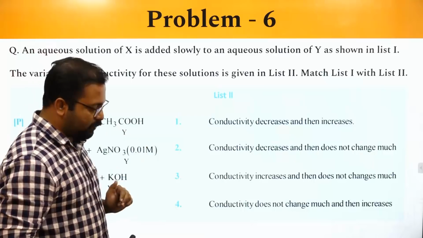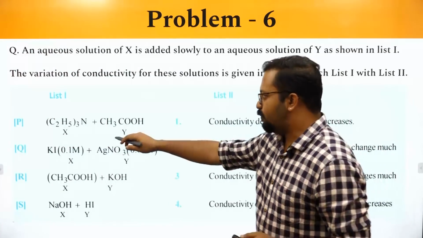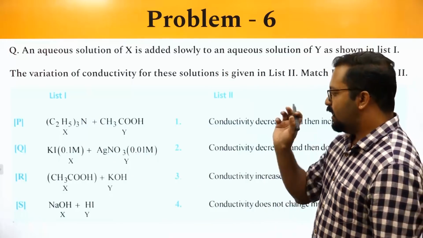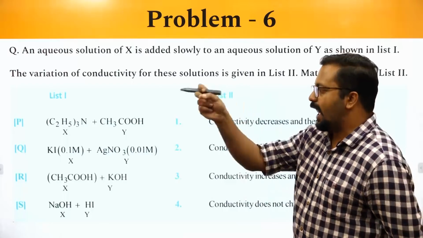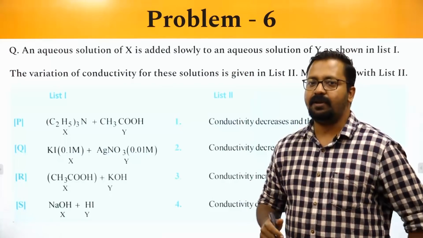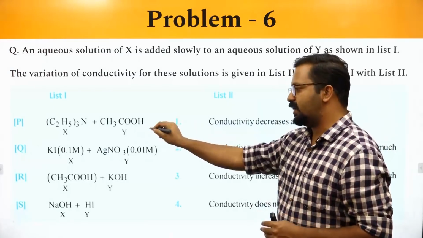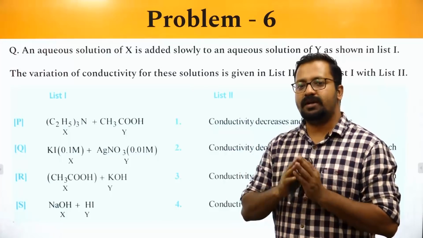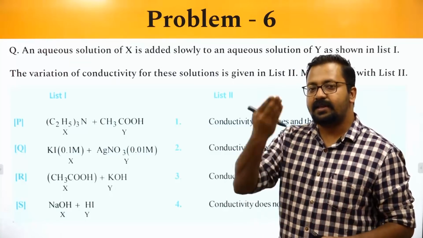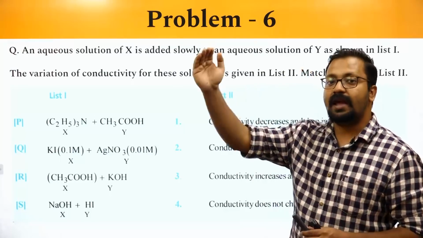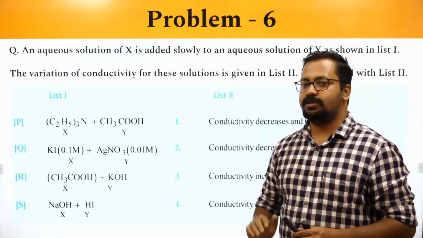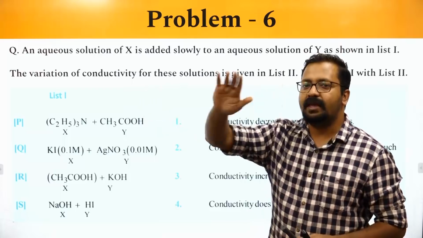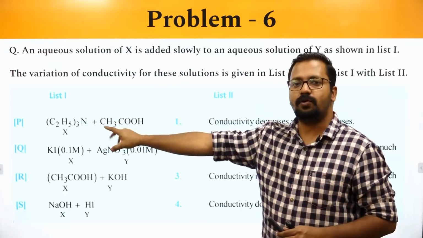Okay, so how do we solve the question? The first question is that we take this triethylamine and we add it to acetic acid. Acetic acid is a weak acid. If I add triethylamine to it, what will happen? It will promote the ionization of acetic acid because it will slowly start removing the protons. If it starts removing the proton, it promotes ionization, it will increase the conductivity until neutralization takes place. The moment neutralization occurs, after that point, if you add any extra amount of base, nothing will happen because this base is not going to give out OH minus ion.